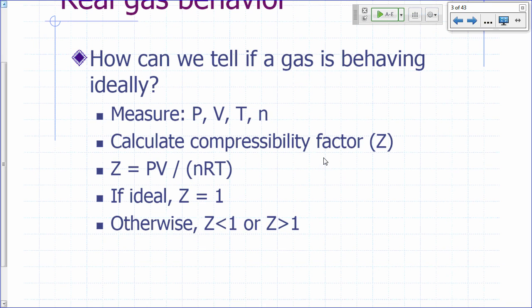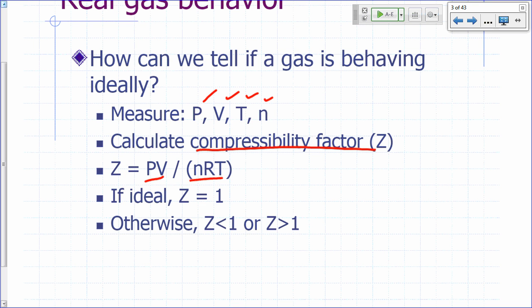Now, how can we tell if a gas is behaving ideally? Like I said earlier, you measure P, V, T, and n, and then you calculate Z. Z is called the compression factor or compressibility factor. So it's equal to PV divided by nRT.